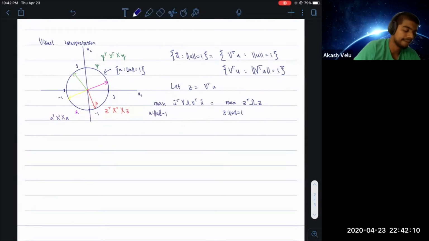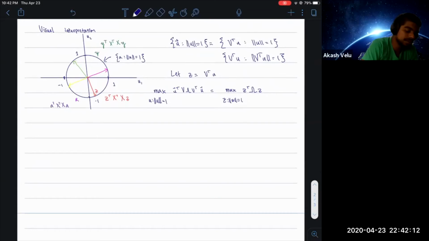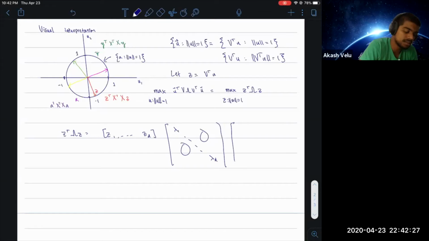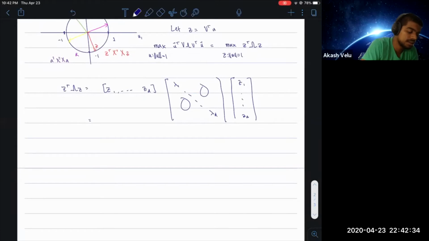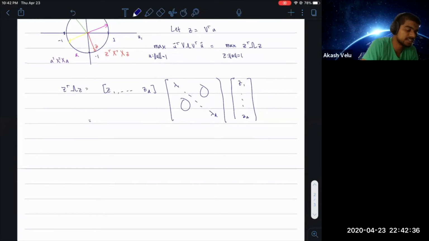All right, so now let's see if we can solve this simpler looking problem, which we've shown is equivalent to this. Let's actually write out what z transpose lambda z is for some z. So this is the same as z1 through zd, times a diagonal matrix lambda 1 through lambda d, times a column vector z1 through zd. And if you do this matrix vector multiplication out, which hopefully shouldn't take too long, but for the sake of time, I'm just going to write it out.